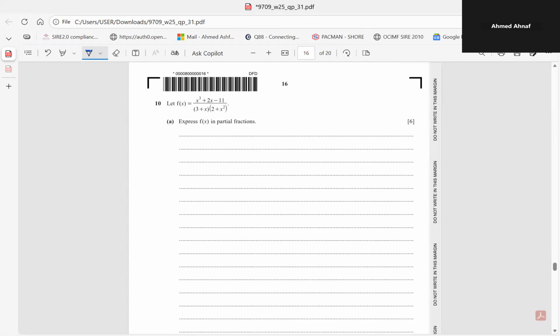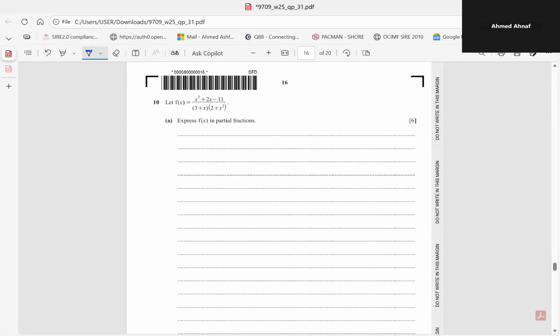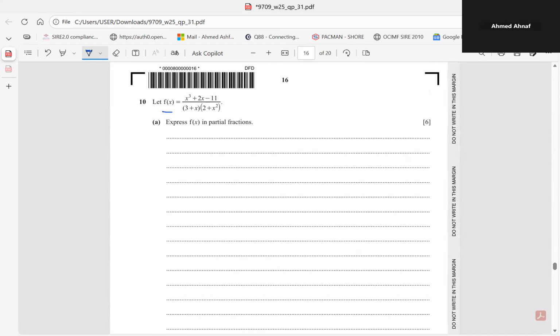Okay, so for this question, we are told that f(x) is this expression. So for the first part, we need to express f(x) in partial fractions.